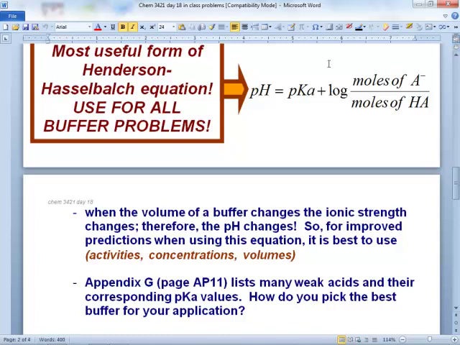So this is really best to use what in the Henderson-Hasselbalch? Do you see the problem? If we add, the pH changes, but the volume cancels here. It's gone, yet the pH is changing. You've got to use activities. Then you're okay. Use activities.